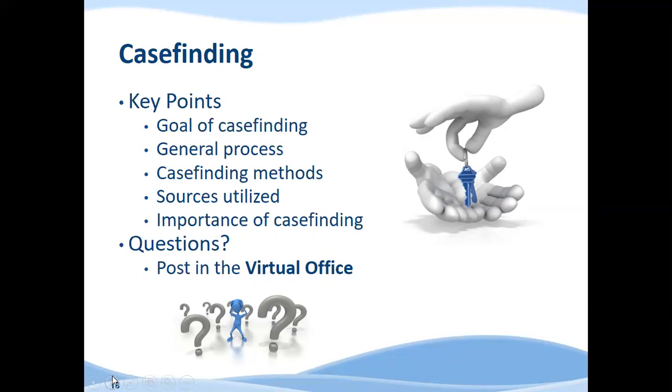So once again: the goal of case finding, the general process of case finding methods, case finding sources utilized both by the hospitals and the state central registries, and what one may use and the other may not. And then, of course, the importance of case finding.